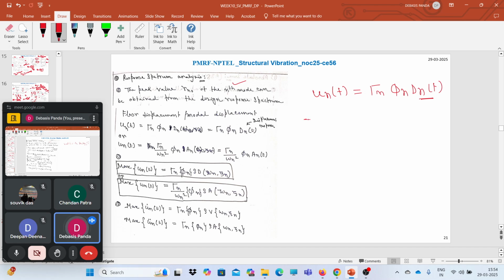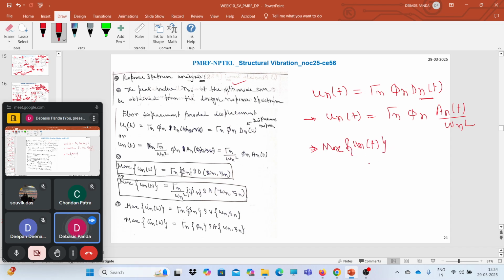How can we simplify this equation? Like u_n of t, we know the participation factor, phi n, and D_n is nothing but A_n, the spectral acceleration, divided by omega n square. Now what will be the maximum of this?